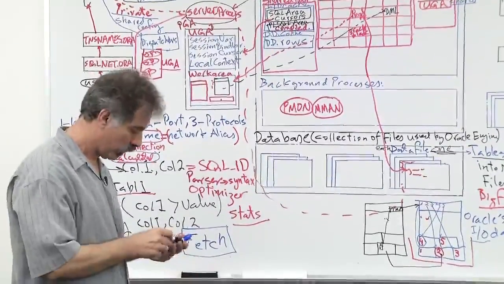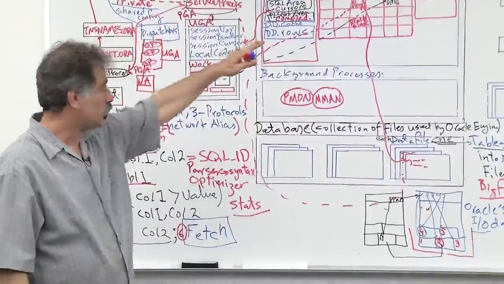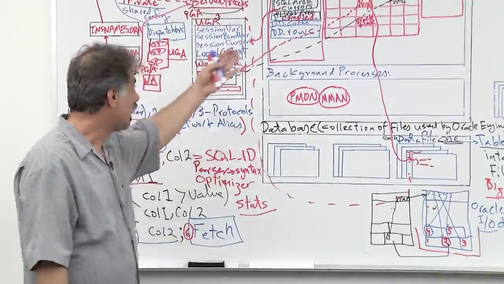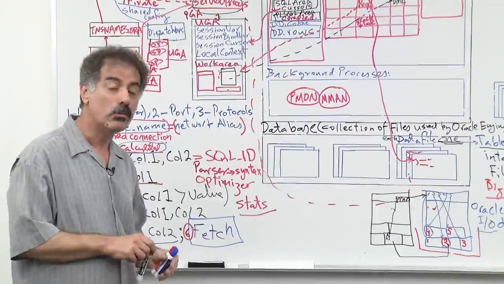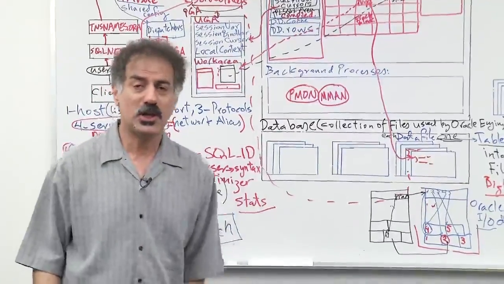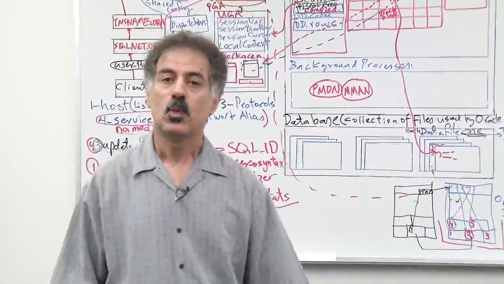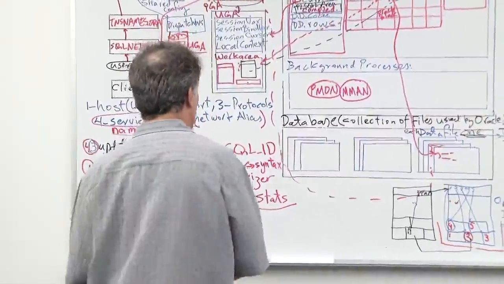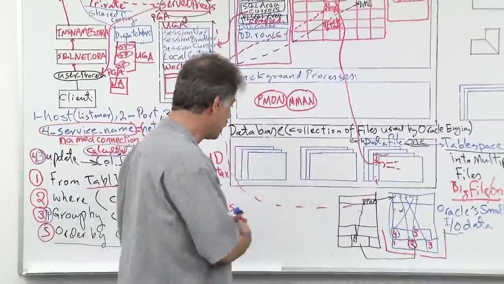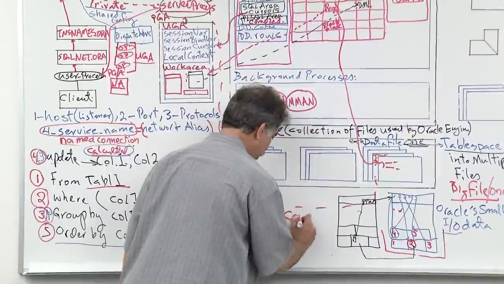So my session has now changed the block, and the DML has been performed on the row. However, the actual DML process is not done yet. Why not? Because when the user decides to keep the change, the user would then say commit.